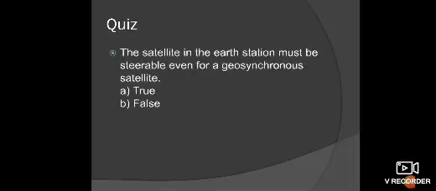And the next one is, the satellite earth station must be steerable even for geosynchronous satellites, whether it is true or false. Please note this question.